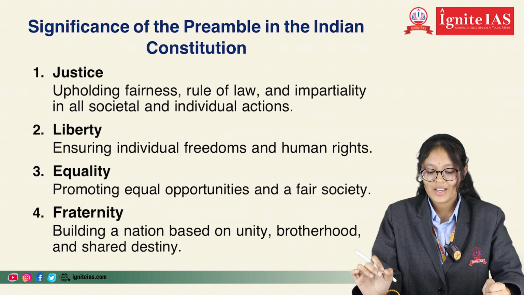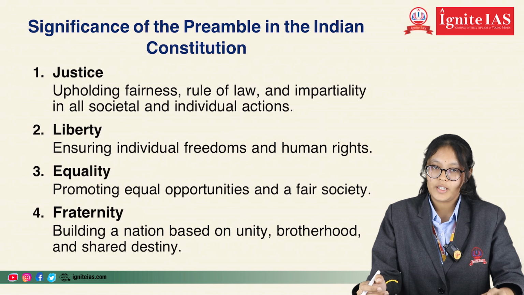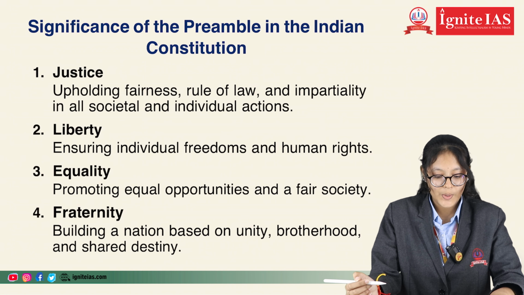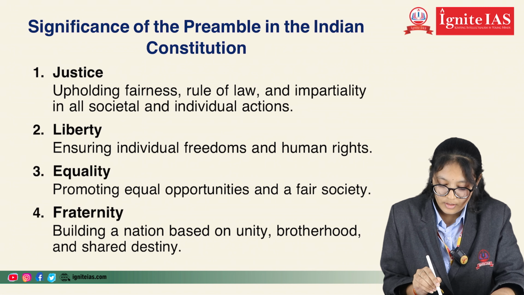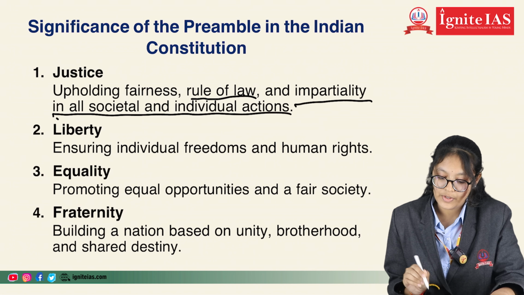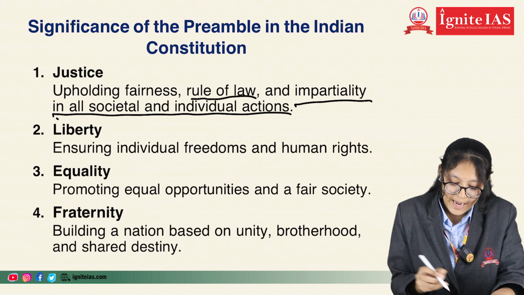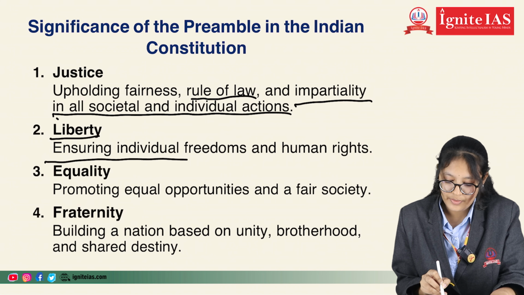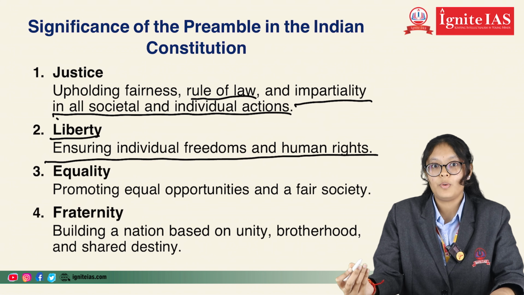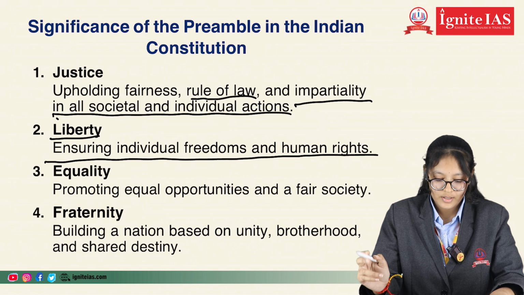So, what is the significance of preamble in the Indian Constitution? As we have told, there are four objectives. Those are justice, liberty, equality, and fraternity. Justice is upholding fairness, rule of law, and impartiality in all societal and individual actions so that everyone gets equal opportunities in all spheres of life. And liberty. Liberty is individual freedom, like freedom of speech, freedom of religion, etc. And it also ensures human rights.